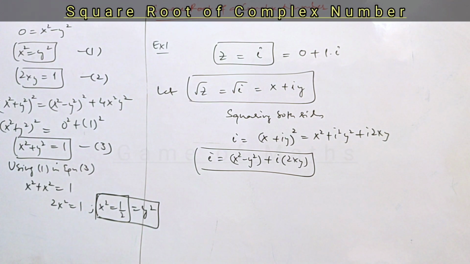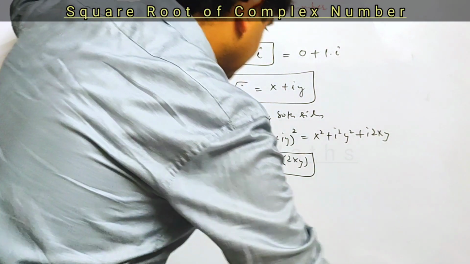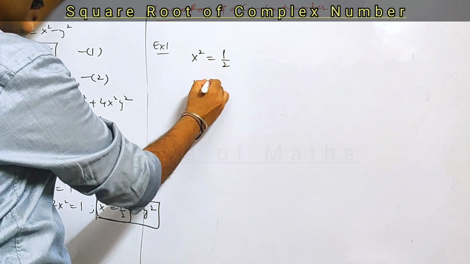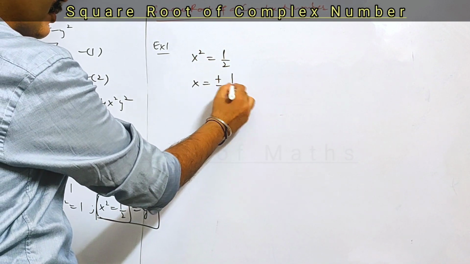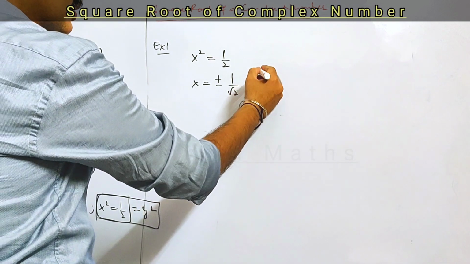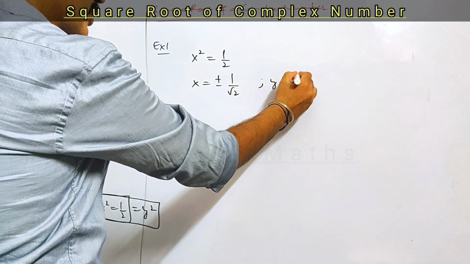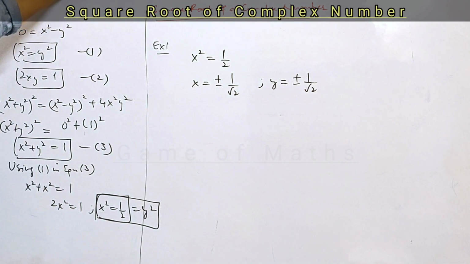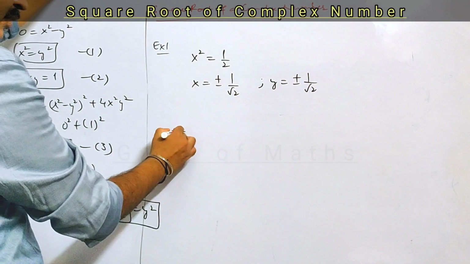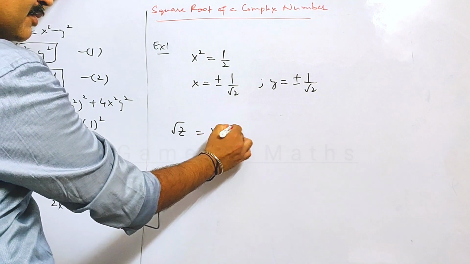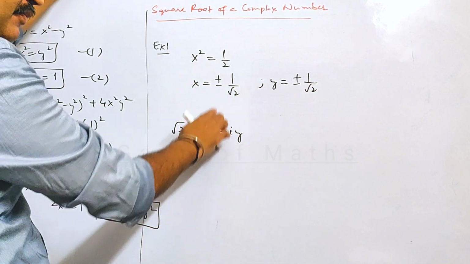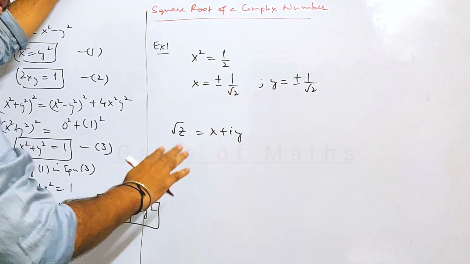Now let's evaluate further. We got x square as 1 by 2, so x can be written as plus minus 1 by root 2, and similarly y would also be equal to plus minus 1 by root 2. Now the square root required, square root of z, which we initially assumed as x plus iota y, can be obtained if we put the values of x and y carefully with the signs.